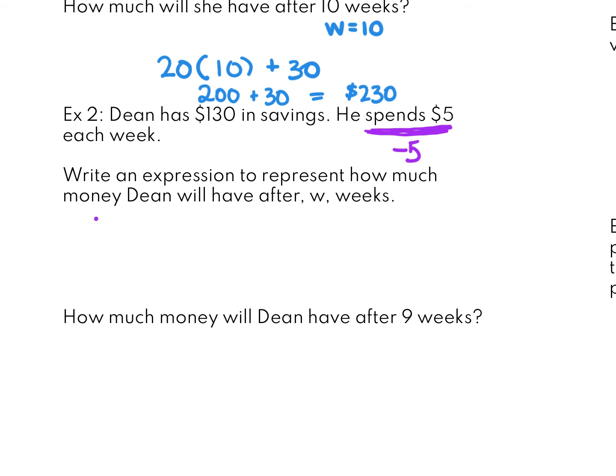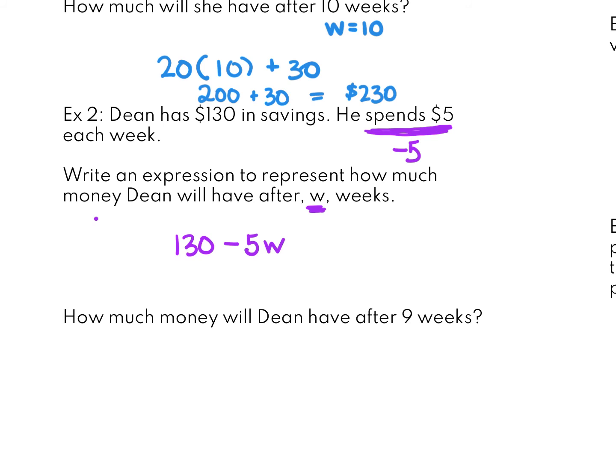So we're going to write an expression to represent how much money Dean will have after W number of weeks. So where does he start? He starts with $130. And what's happening is he's losing $5 every week. That's going to be my expression right there.